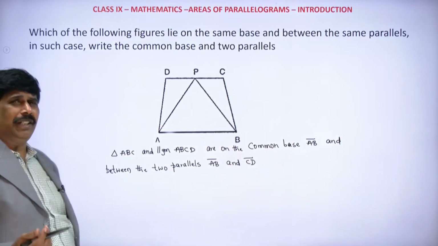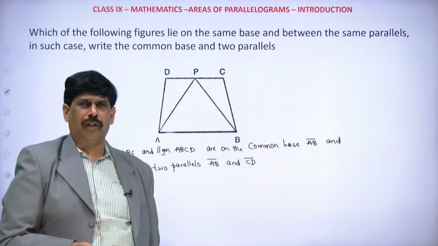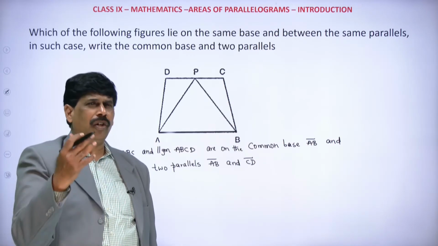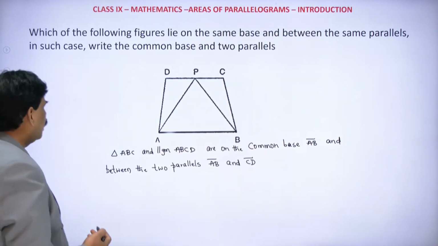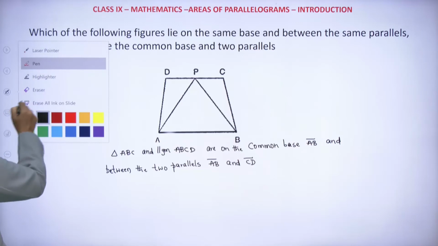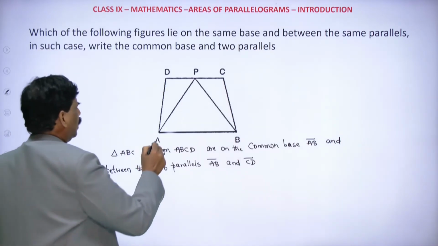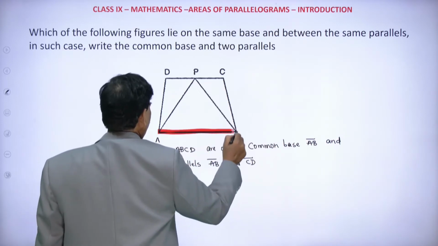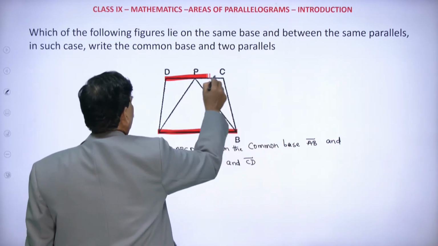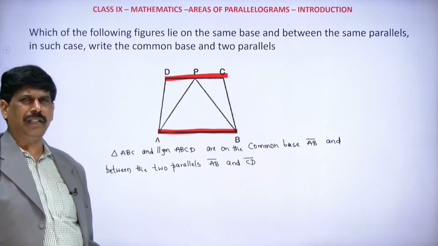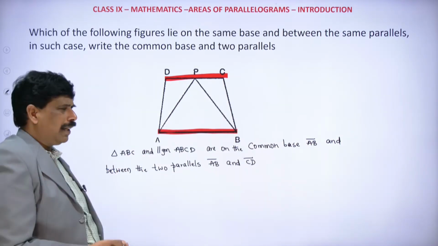Clear? Because AB and CD are the opposite sides of a parallelogram in this case. So the opposite sides of a parallelogram are parallel and equal. Clear? So now, this is the common base and these two are parallel to each other. It's clear? Let us see the next question now.